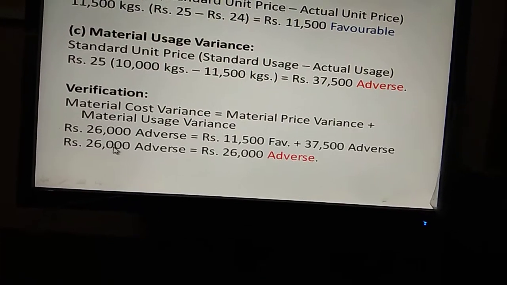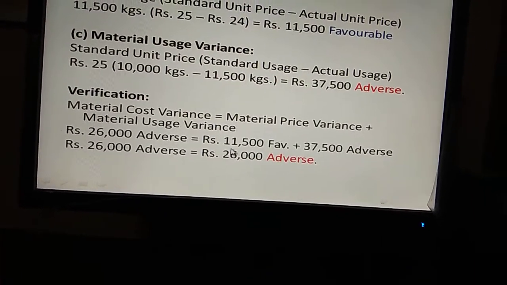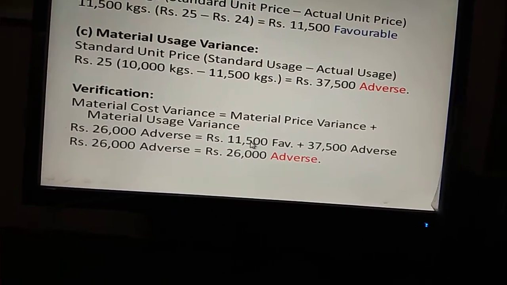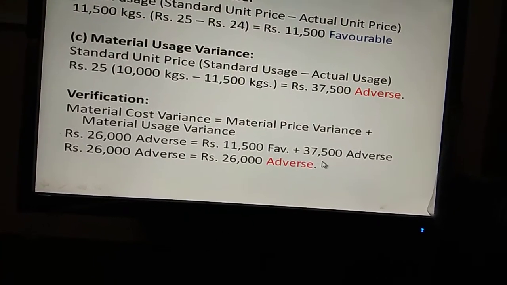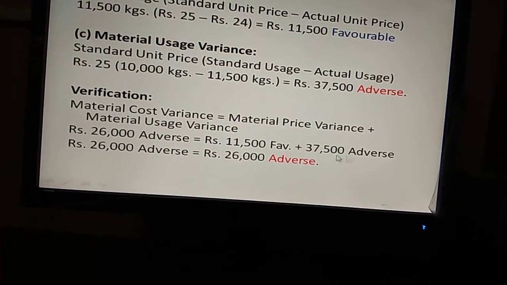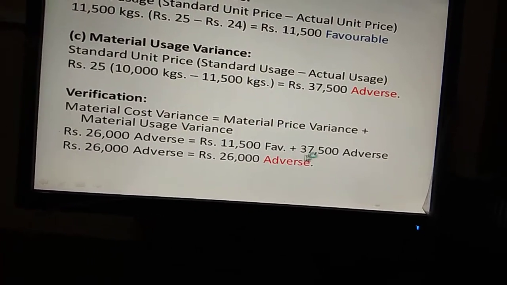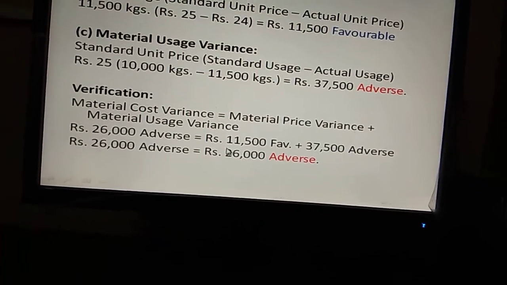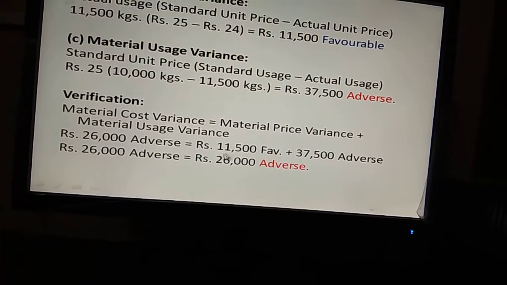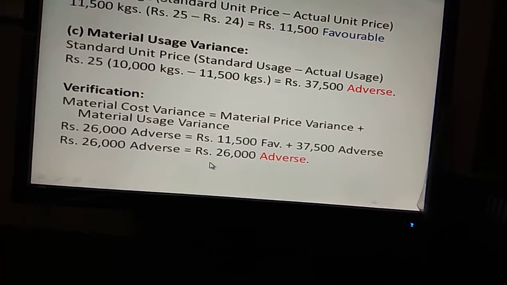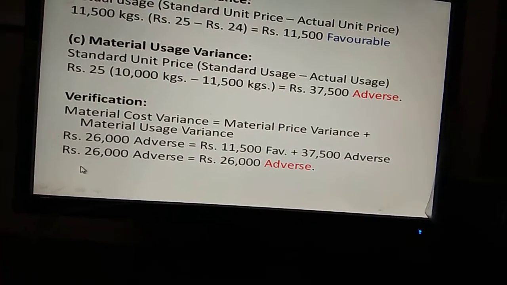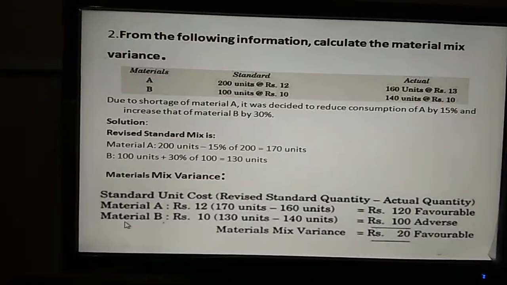So 26,000 as it is, and the right side 11,500 favorable plus 37,500 adverse. Obviously adverse is more than the favorable, so we are getting adverse rupees 26,000. Both are equal, so what we have done is correct.